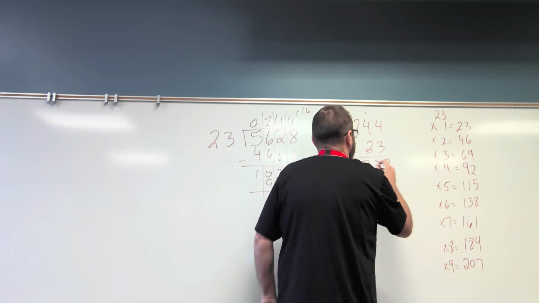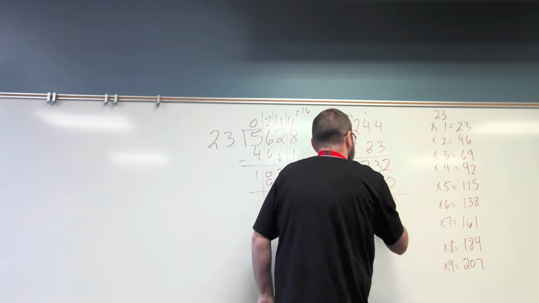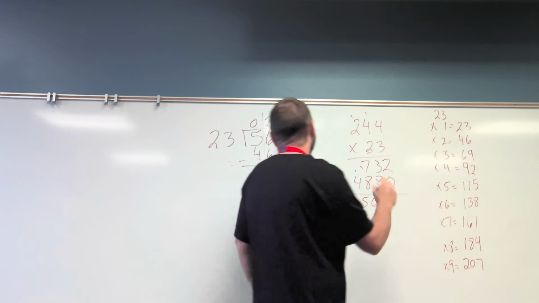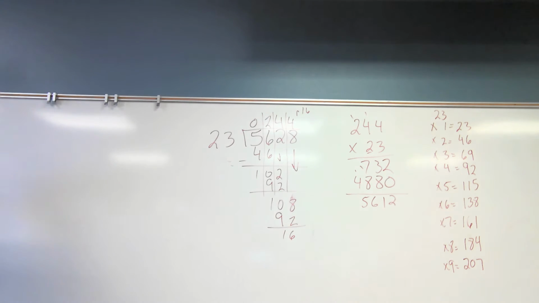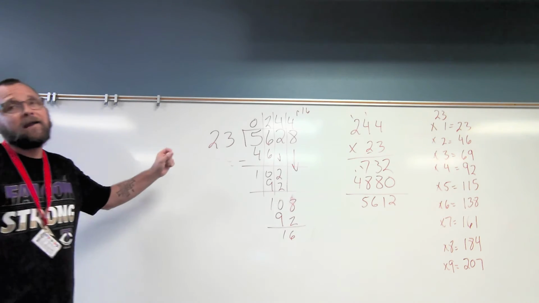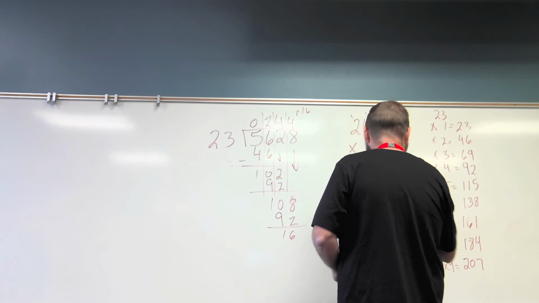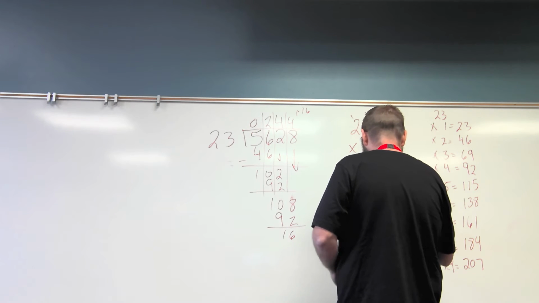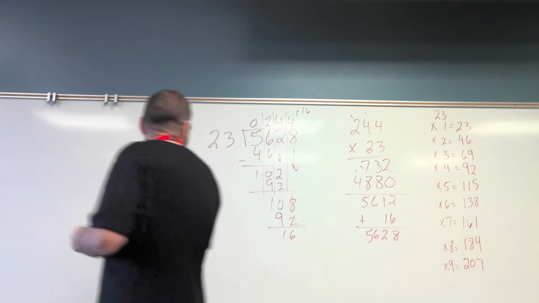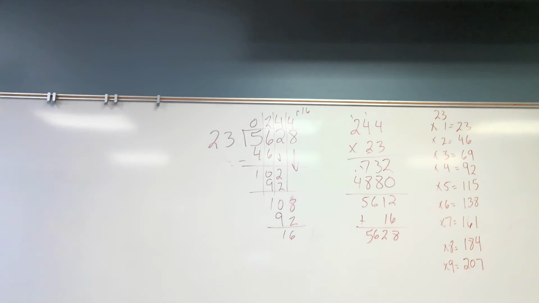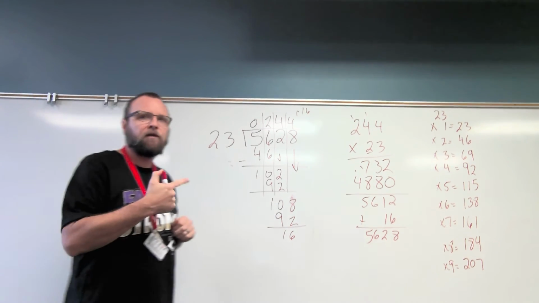I get 4,880. Add them up: 5,612. Add 16. But wait, there's more. Add the remainder. 5,628. And boom.